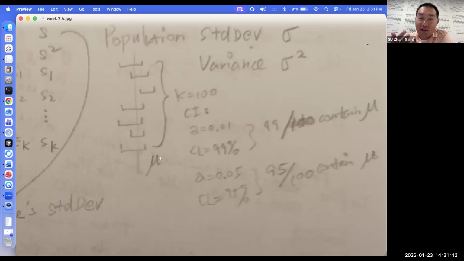So if we are achieving a 99% confidence level, then out of these 100 confidence intervals, we expect 99 of them will actually make sure the mu is within this range, and maybe one of them is off. So this is the concept of the confidence interval.